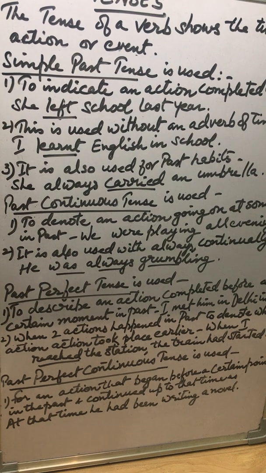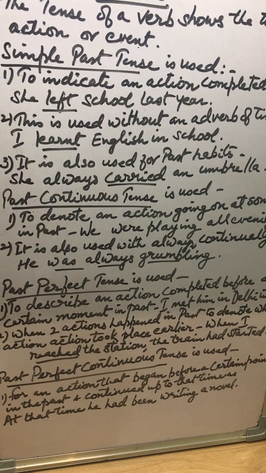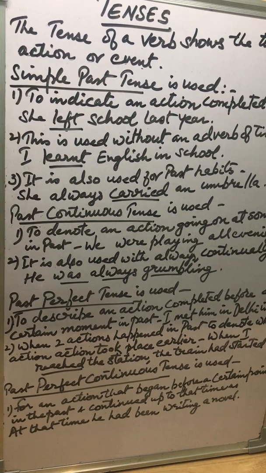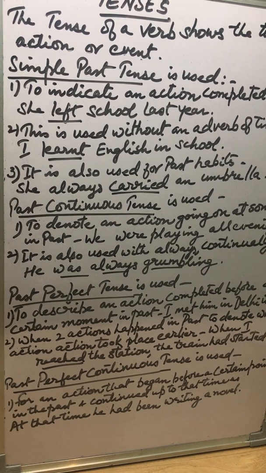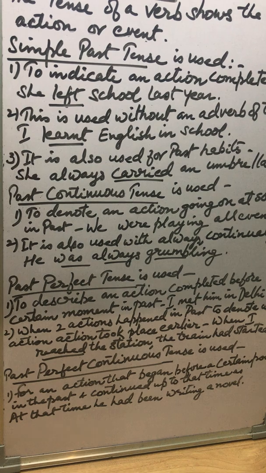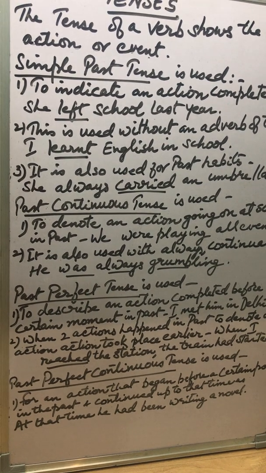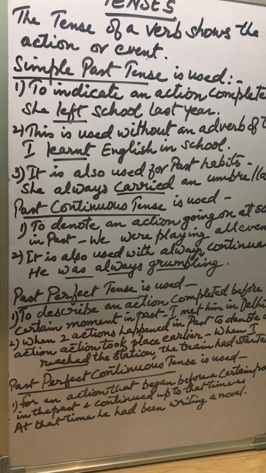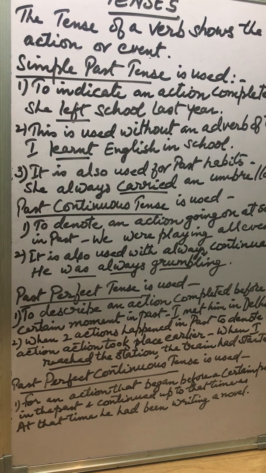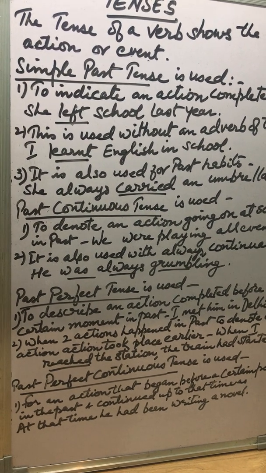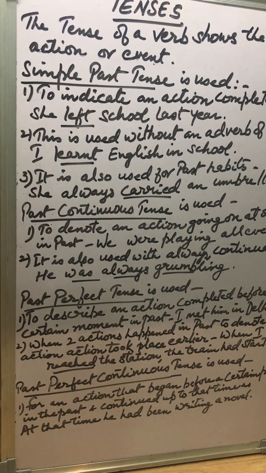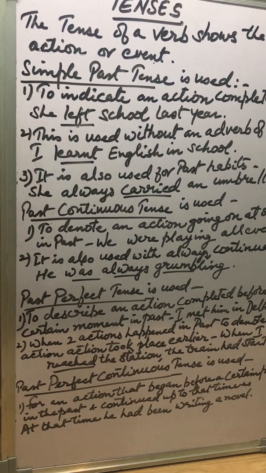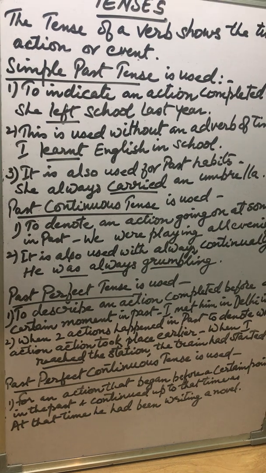If two actions happened in the past, then it is necessary to show which action took place earlier than the other. The past perfect is mainly used in such situations.